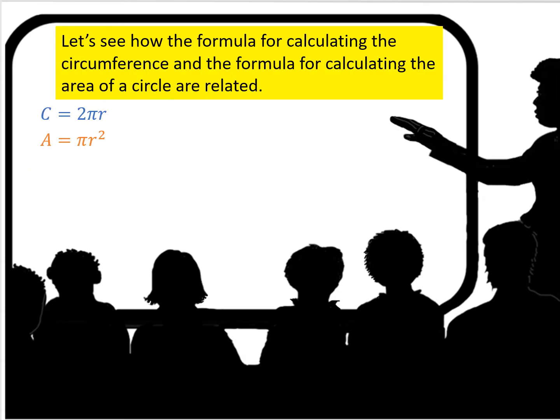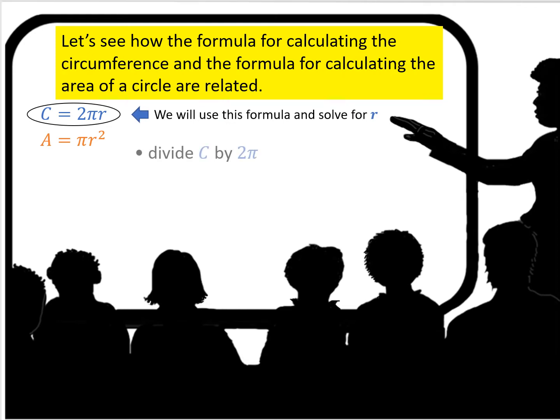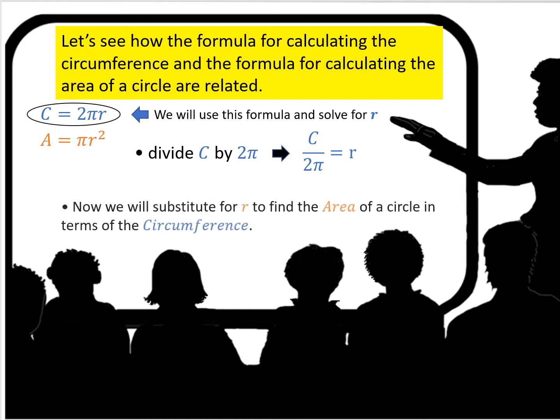Let's see how the formula for calculating circumference and the one for calculating the area of a circle are related. We're going to use the formula for circumference to solve for r. So we divide C by 2 pi, and we end up with r equals circumference over 2 pi. Now we will substitute for r in the area formula to find the area of a circle in terms of the circumference.